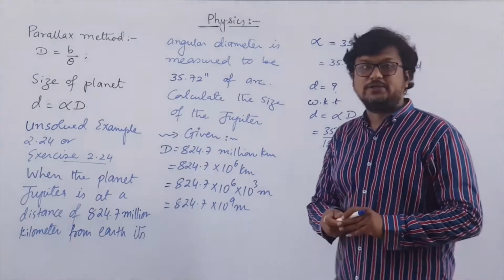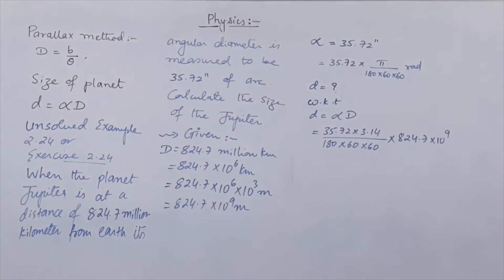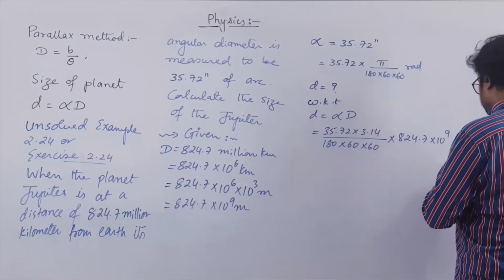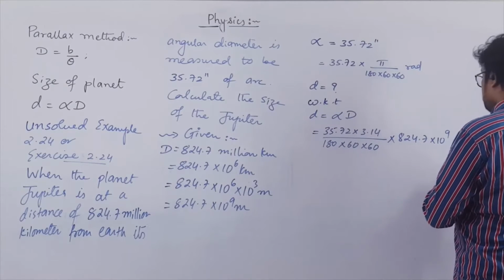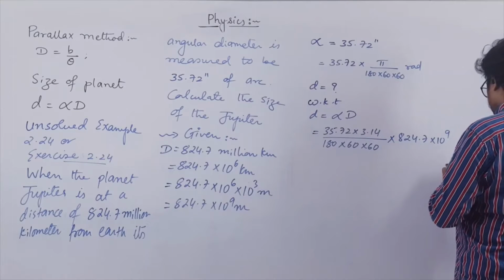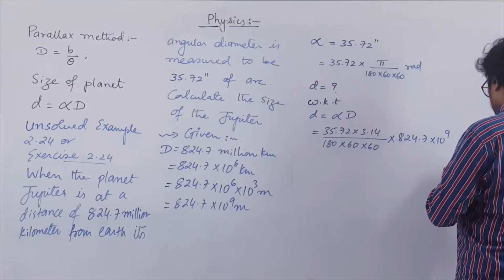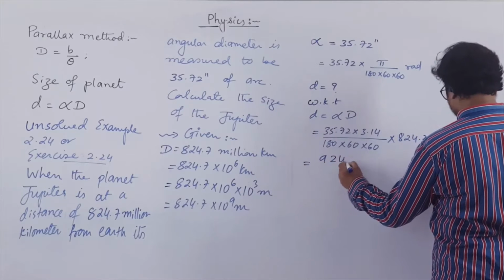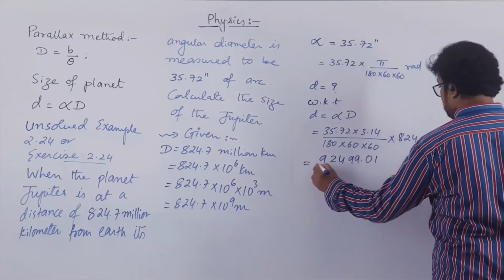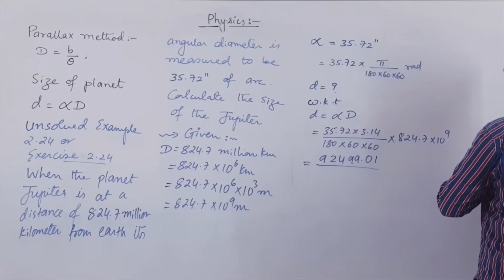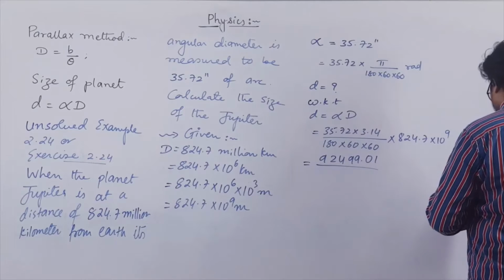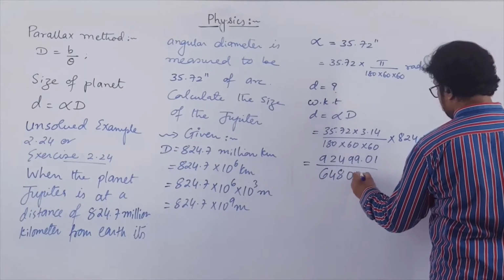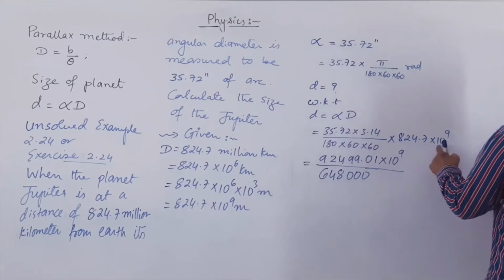Let us multiply using the calculator. 35.72 into 3.14 into 824.7 gives 92499.01, divided by 180 into 60 into 60, which is 648,000, and 10 raised to 9 is already there.